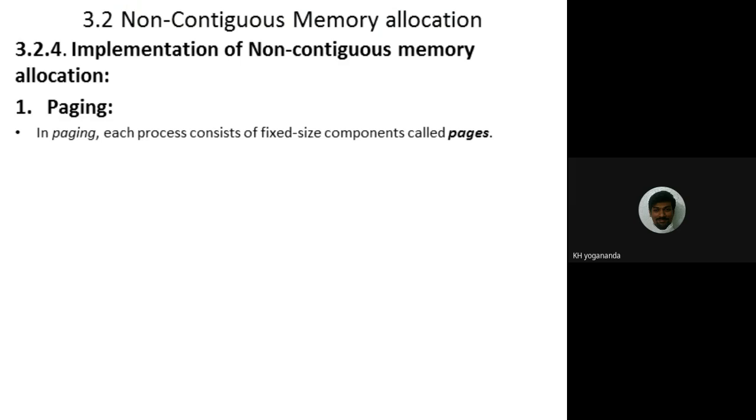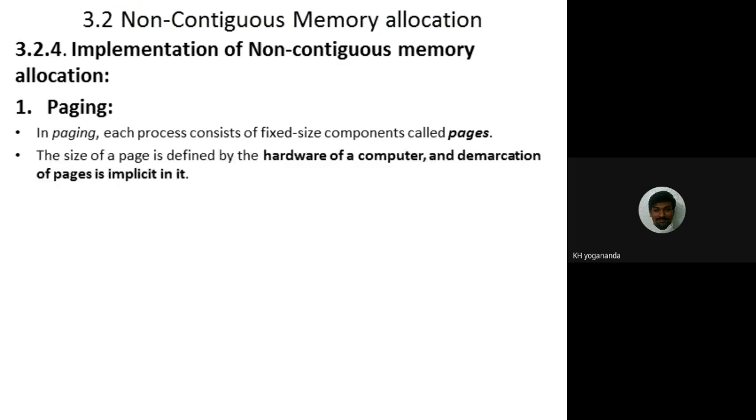This is the basic thing to be remembered. In paging, each process consists of fixed size components called pages. We know the meaning of component: a component is nothing but a subdivision of the process. If there is a process P, its subdivision is what we call a component.